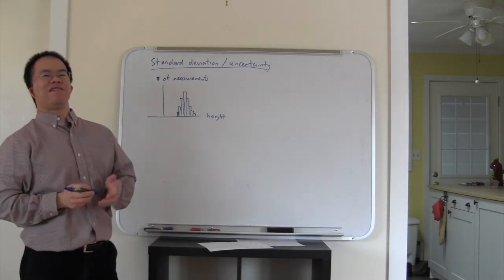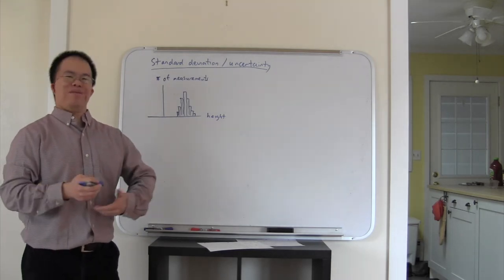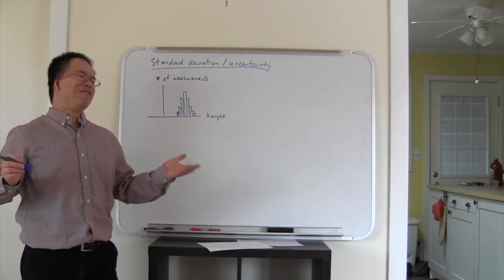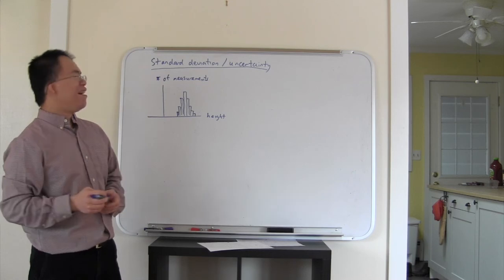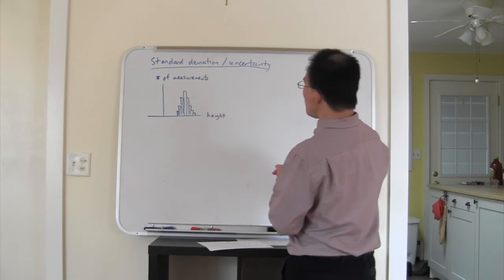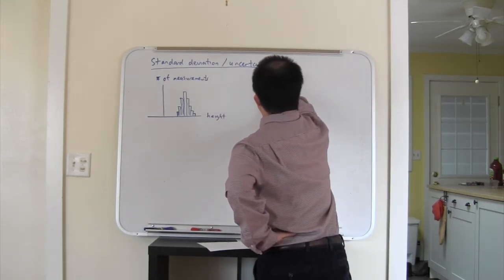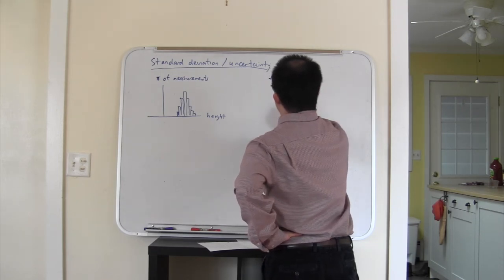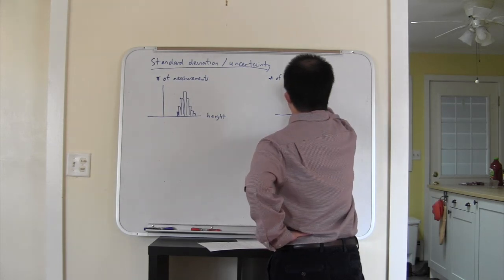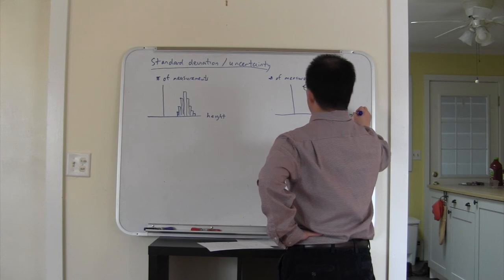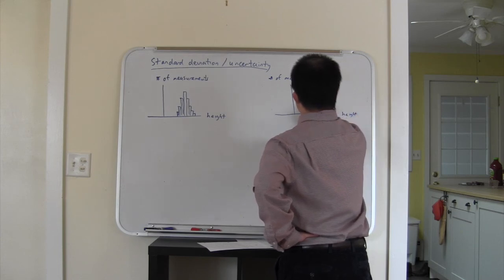Well, suppose we were to consider another measurement. So instead of the people in our class, we were going to go and take the entire population, maybe including babies as well as NBA players. We might get a wider distribution. So maybe it looks like this.